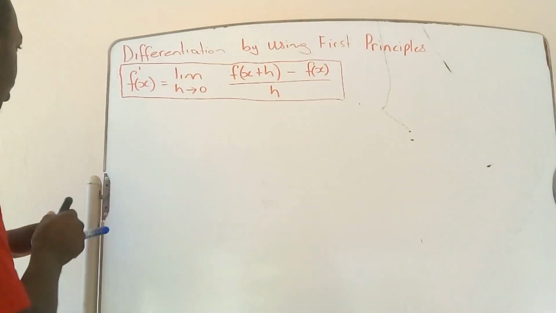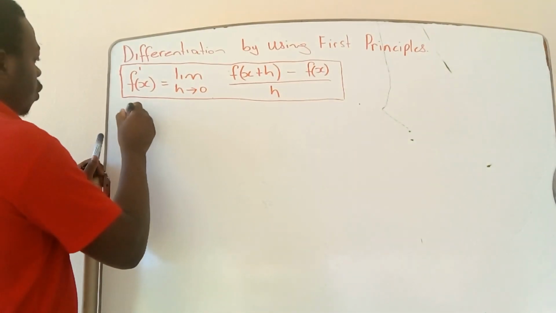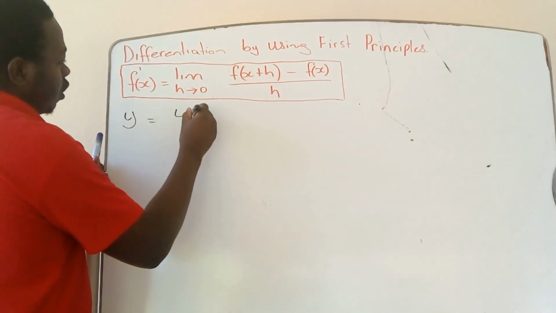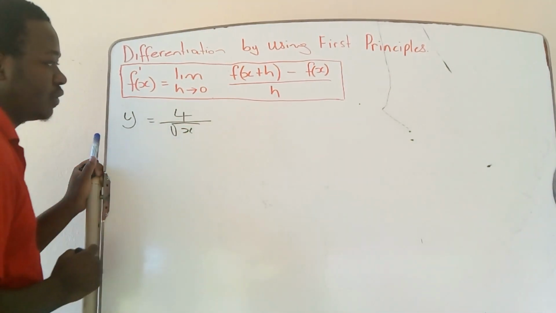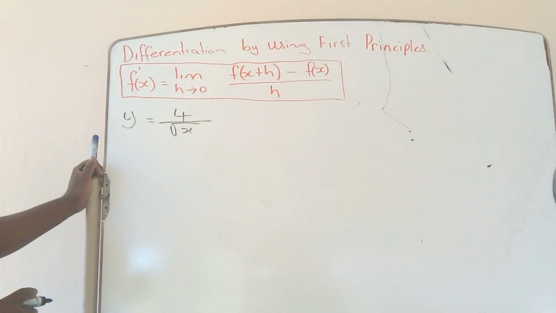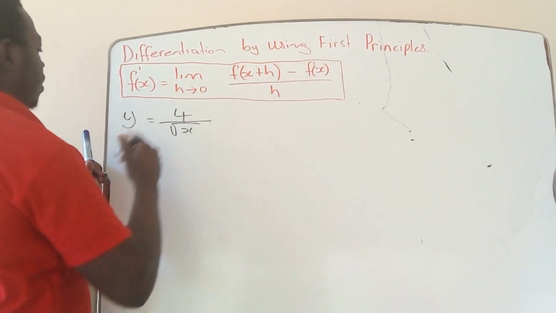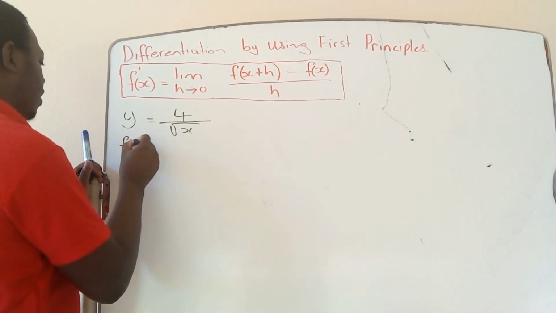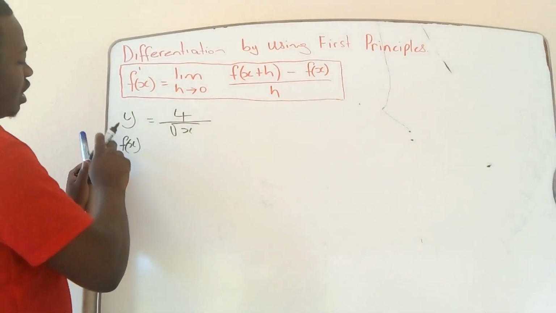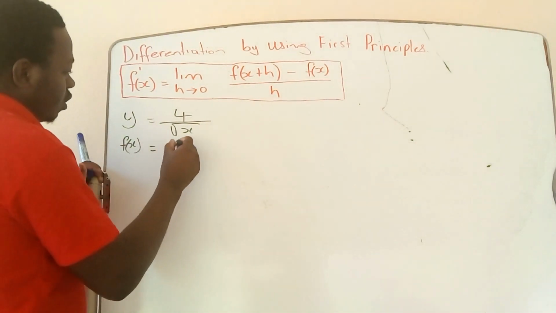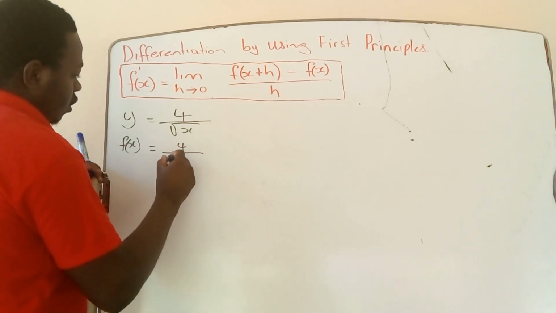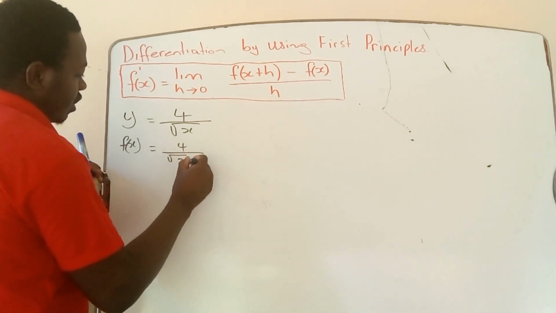Let's say we have a function that says y is equal to 4 over root of x. How do you go about differentiating this using first principles? We need f of x, right? So we know that f of x and y are interchangeable, so f of x is equal to 4 over root of x.